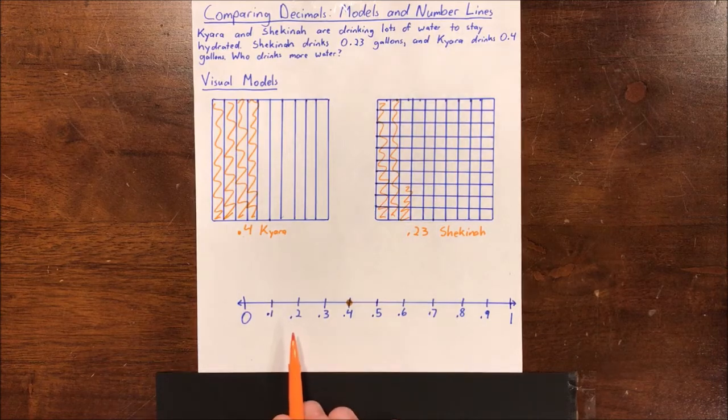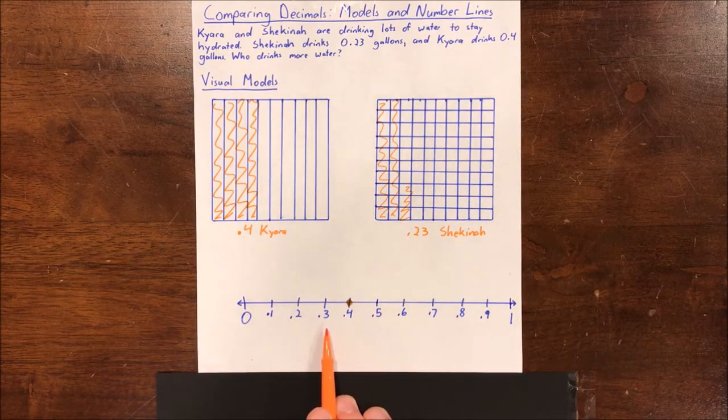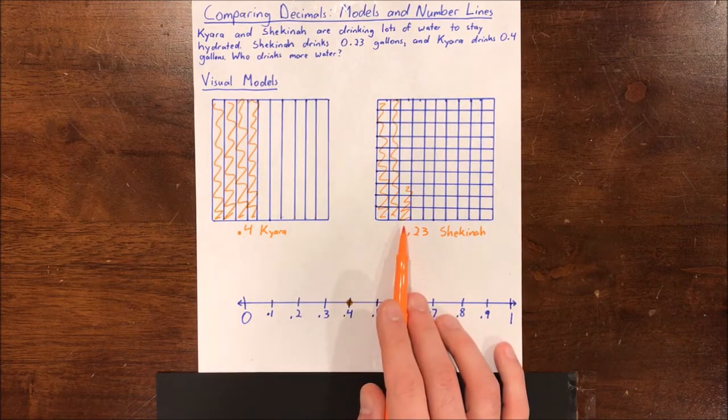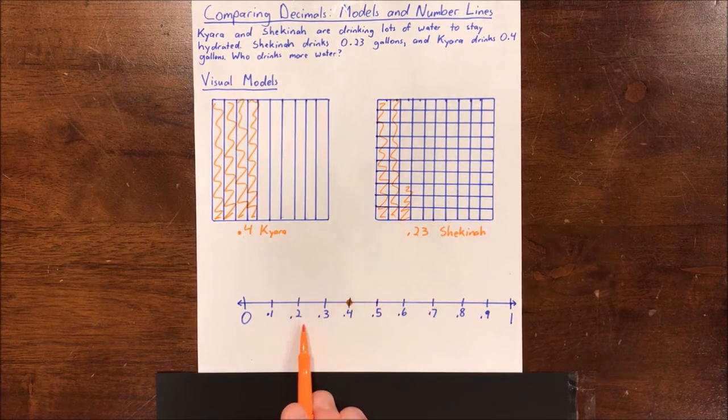Yes, it's going to go between 2/10 and 3/10 because 23/100 is 2/10 and a little more, right? So it's more than 2/10, but it's not yet 3/10. Okay, should it be a little bit closer to 2/10 or to 3/10 and why? Say it out loud.